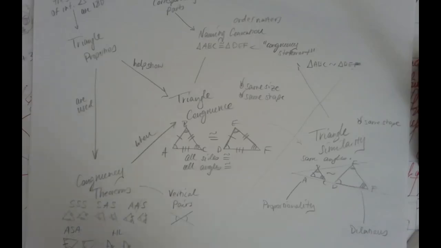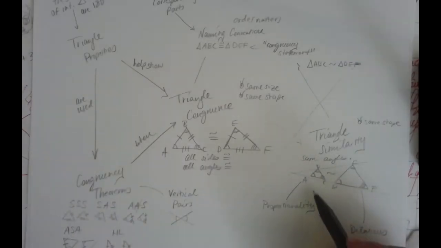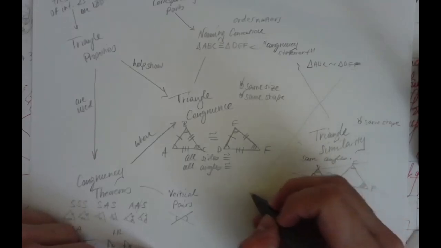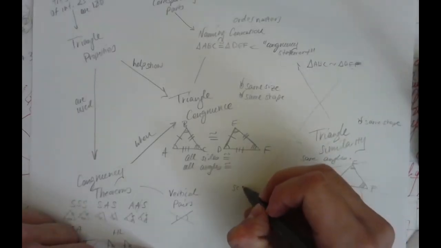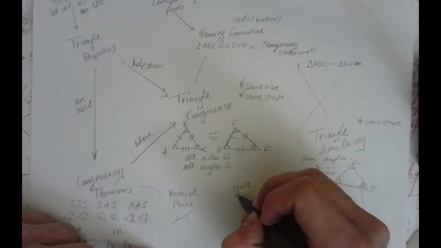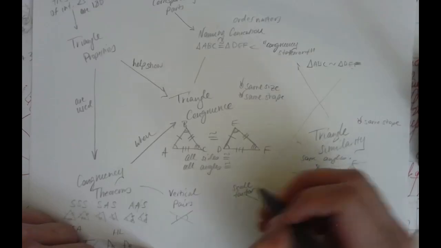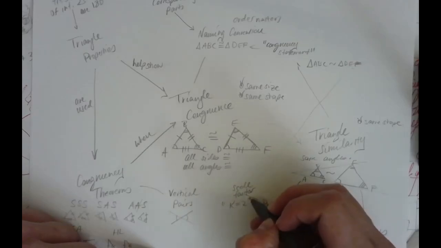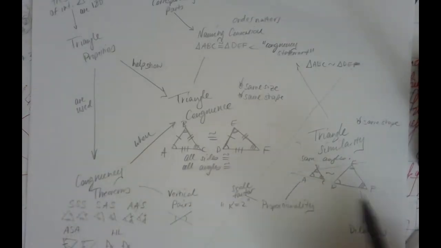So if you multiplied triangle ABC by some factor, you could get triangle DEF. That would be called the scale factor. So we'll say scale factor is related to that. You guys remember we did that forever ago. K equals 2 or whatever is an example of a scale factor. This triangle gets doubled, so it gets multiplied by K equals 2.